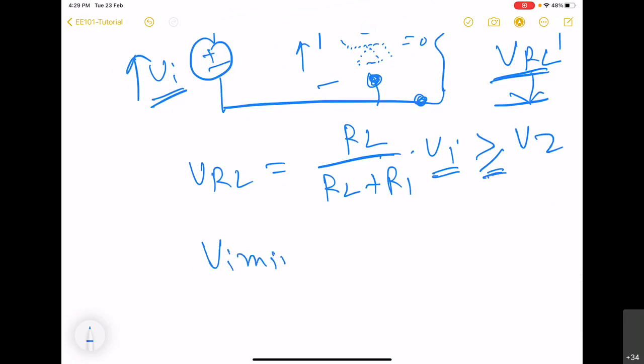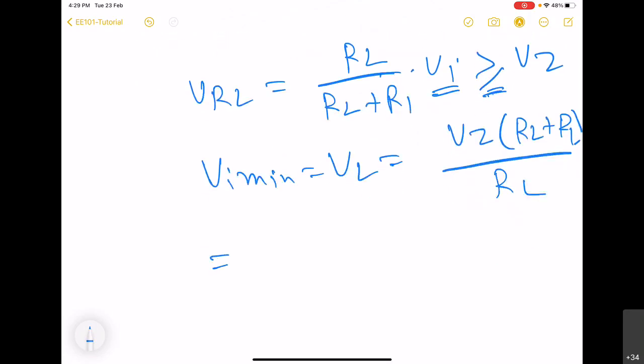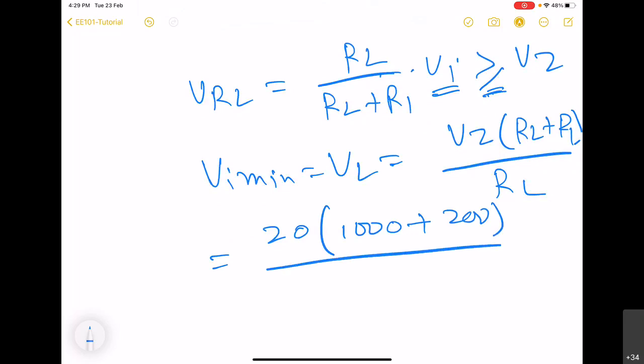So Vi minimum, which we will call VL, is going to be VZ into RL plus R1 divided by RL. So this will be 20 into RL is 1K, R1 is 200, divided by RL, which is 1K.